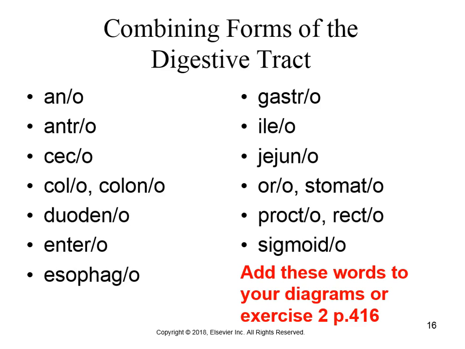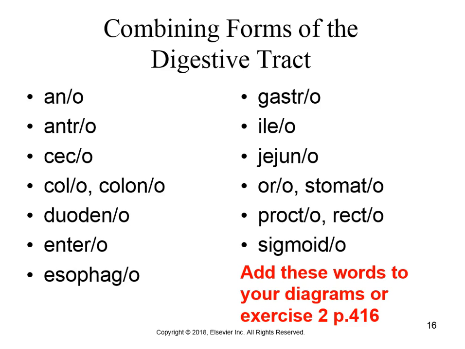The combining forms, there's not a ton, but there's enough. So we're going to start with ano, and that's going to be for anus. Antro is going to be for the antrum, and that's kind of one confusing part. If we remember, antrum is a portion of the stomach.